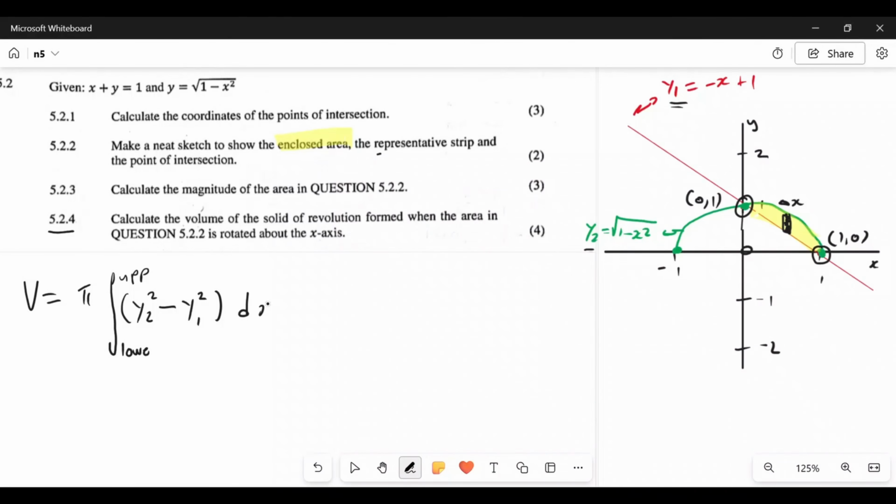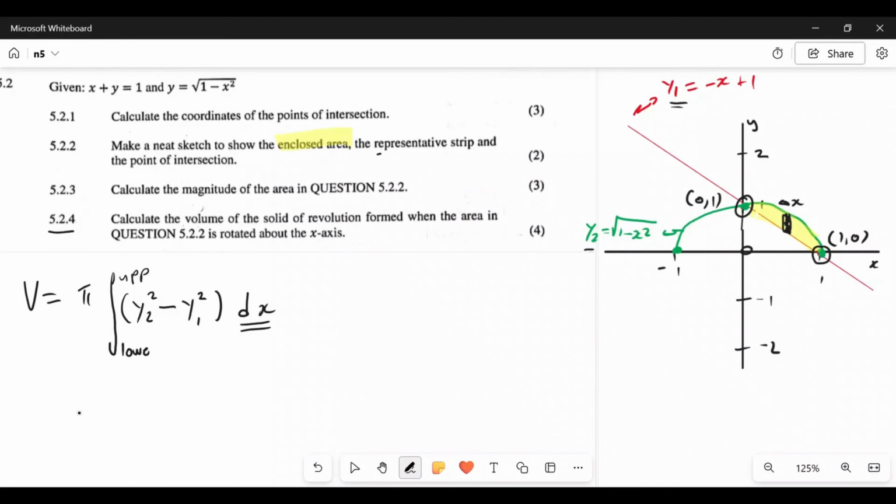And then dx. If they say it rotates about the x-axis, we mean that you must have dx there. Remember, our y2 is the green graph, the one with root of 1 minus x squared, and y1 is the straight line graph, the red one, or the one with minus x plus 1.